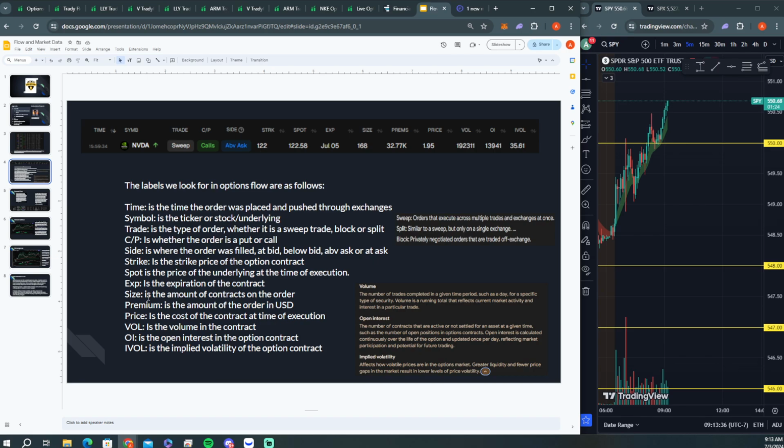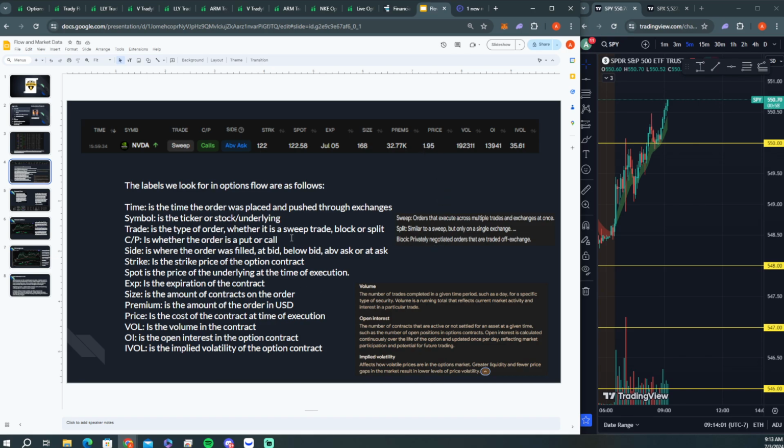Let's see. Size. So size is the amount of contracts this person bought. So they bought 168 contracts of calls on NVIDIA. The premium is the amount spent. They spent $32,770 on this order. Price is just the cost of the contract, $195 per contract.